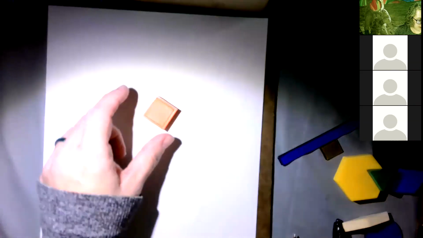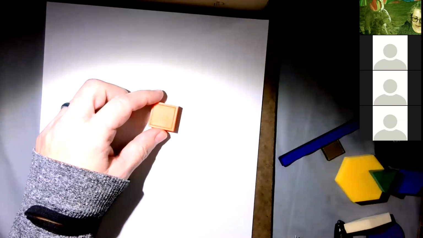That'll kind of help. What else can you call it? Rhombus. A rhombus. Yes. Okay. Is that a quadrilateral? No. Why not? Because it has 3 sides. That's right.